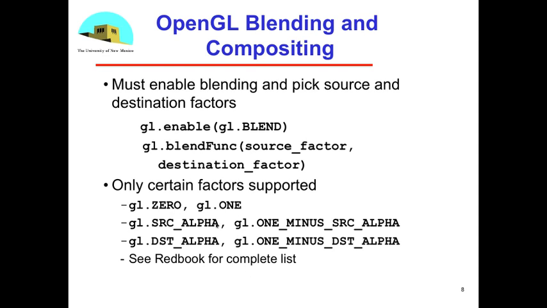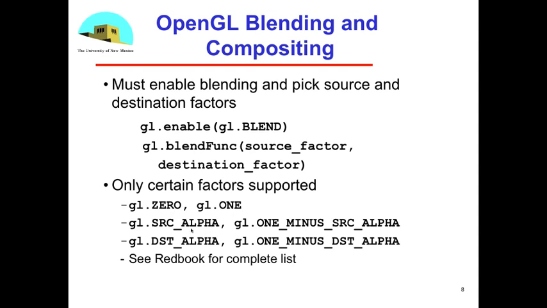But the ones that are most important are GL_ZERO, which says that you use 0 for RGB and A. GL_ONE says you use 1 for RGB and A. So a source factor of GL_ONE and a destination factor of GL_ZERO says just take the source RGBA and make that the destination. For a transparent polygon, if you had the source as GL_ZERO and the destination as GL_ONE, that would simply say, I don't care what that source is coming in, I'm going to leave the destination alone.